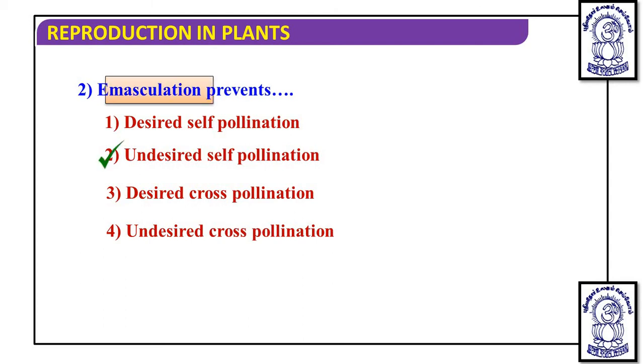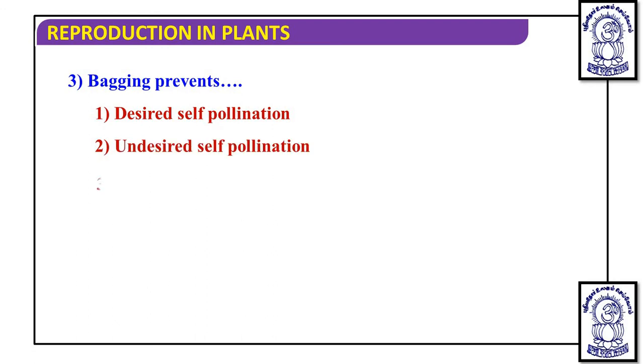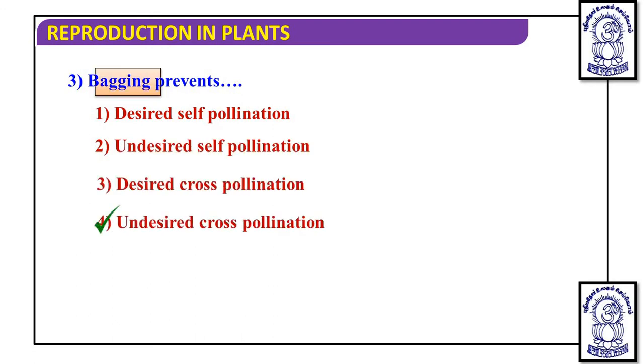We have to add a desired pollen grain and perform cross-pollination, but emasculation prevents undesired self-pollination, because it prevents the self-pollen from pollinating. And bagging prevents undesired cross-pollination, because we have to dust only the desired pollen grain; undesired pollen grains are prevented due to the bagging.